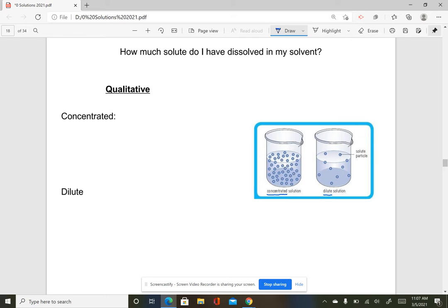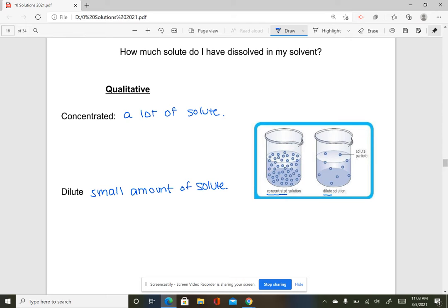So for concentrated, we're going to have a lot of solute, and for dilute, we have a small amount of solute. Now, with something like table salt, you're not going to be able to tell if something is concentrated or dilute by looking at it, because when table salt dissolves, it's clear.